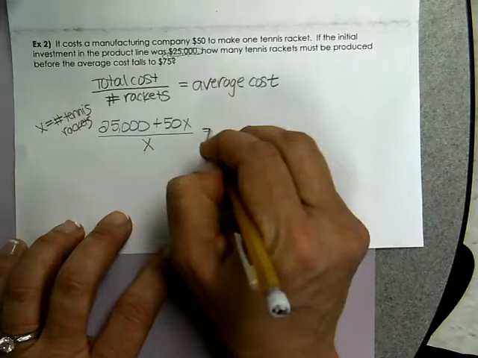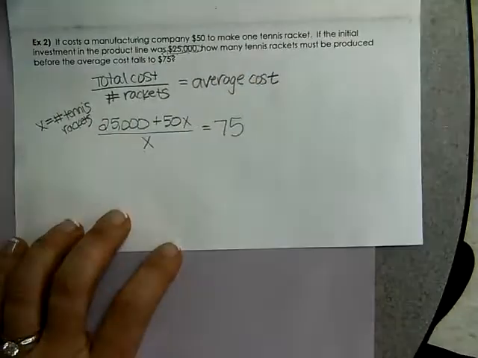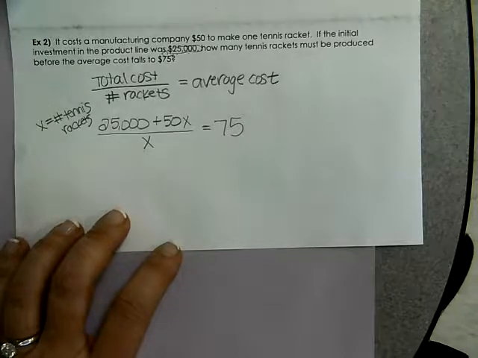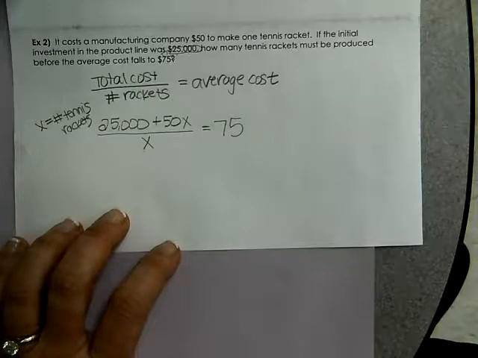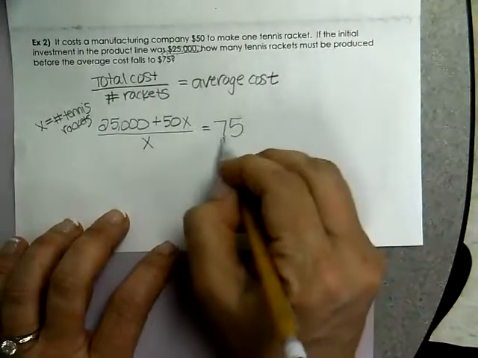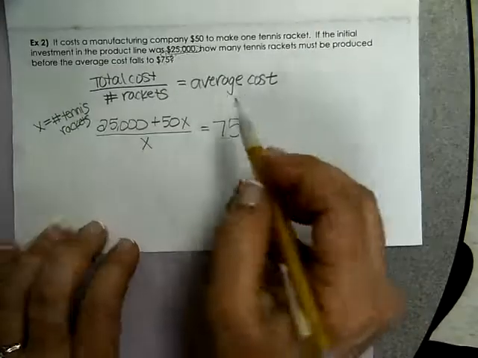And now we want to know when the average cost is now $75. Notice that now that we've set this up, this is a proportion, because really this is like 75 over 1. So we can cross multiply.